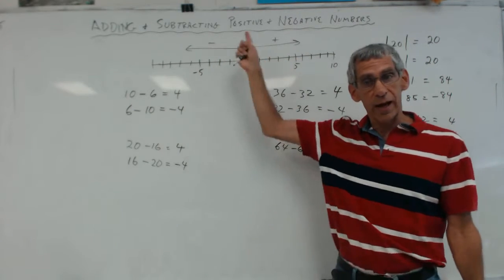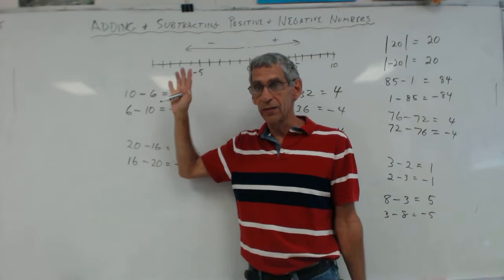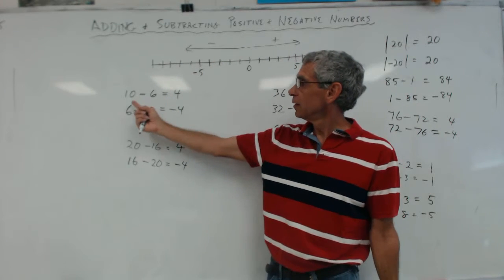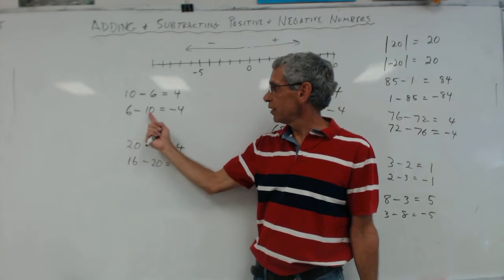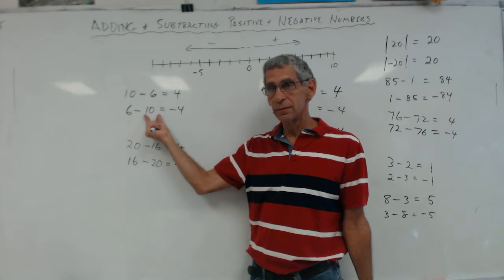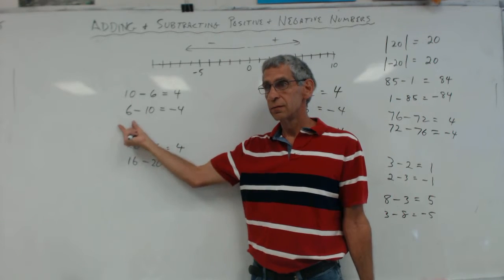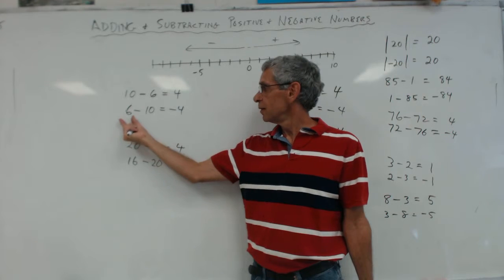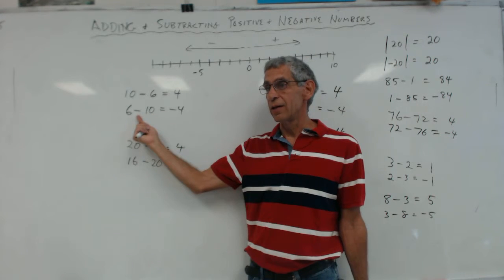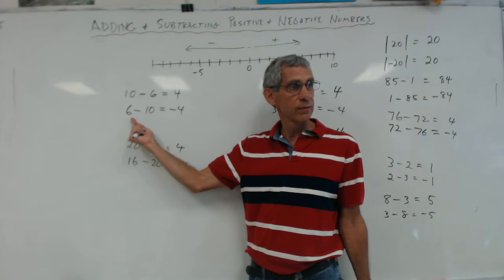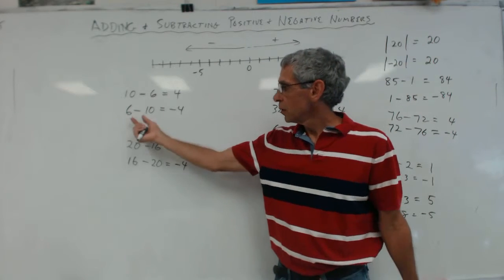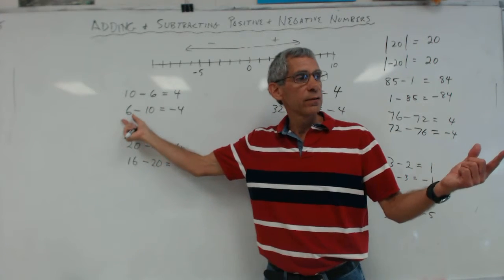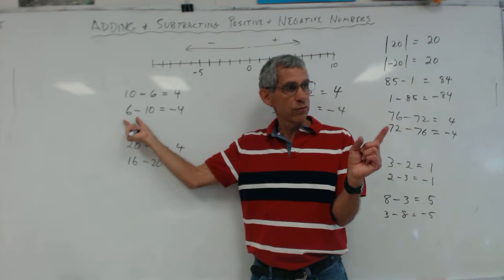When I'm adding and subtracting, I'm not talking about multiplying and dividing. Which one is bigger, 6 or 10? 10, right? But what's the sign in front of 10? Negative. Amaya, I'm talking about the absolute value though.